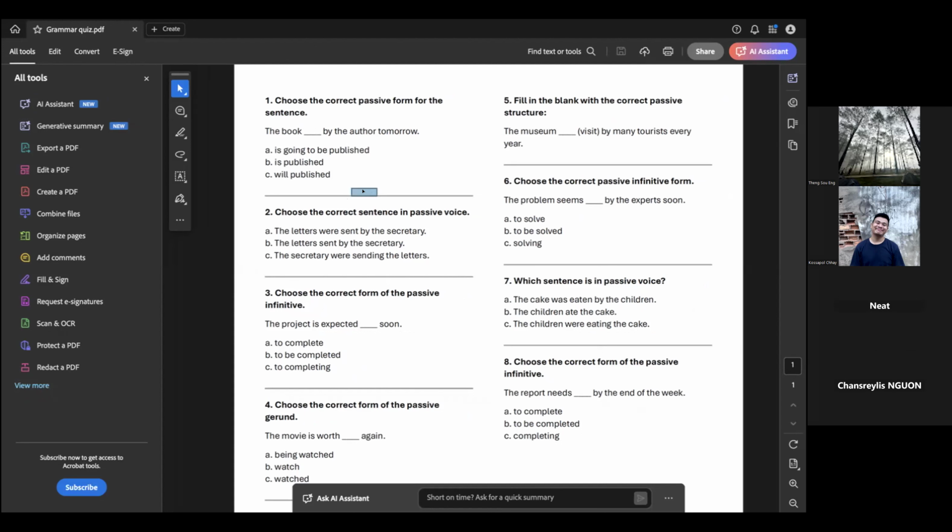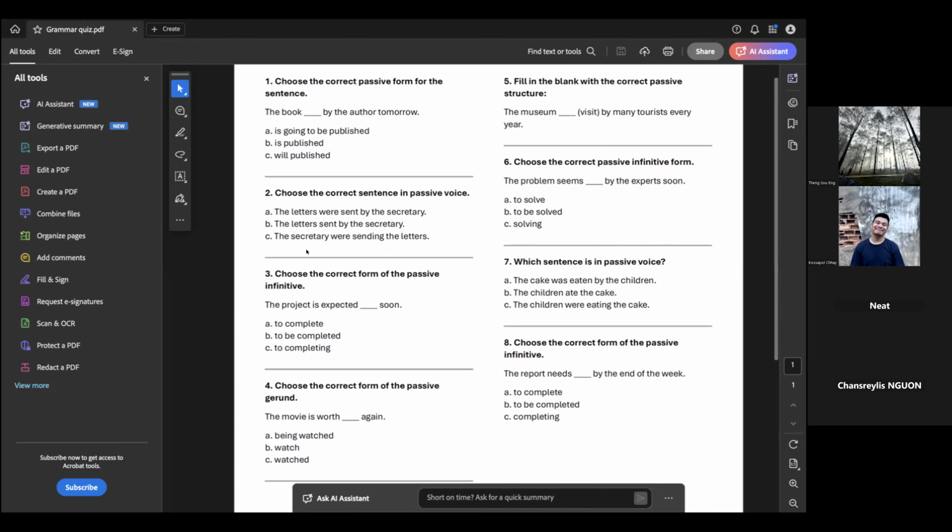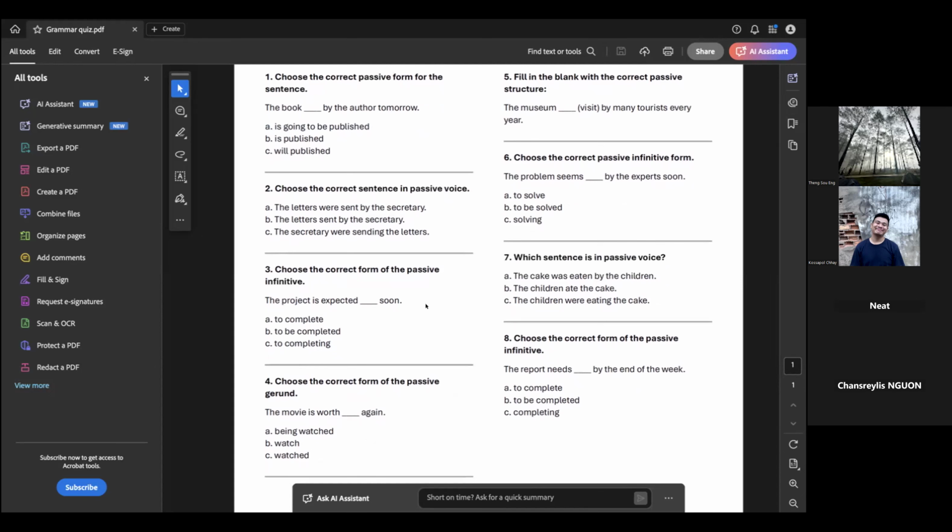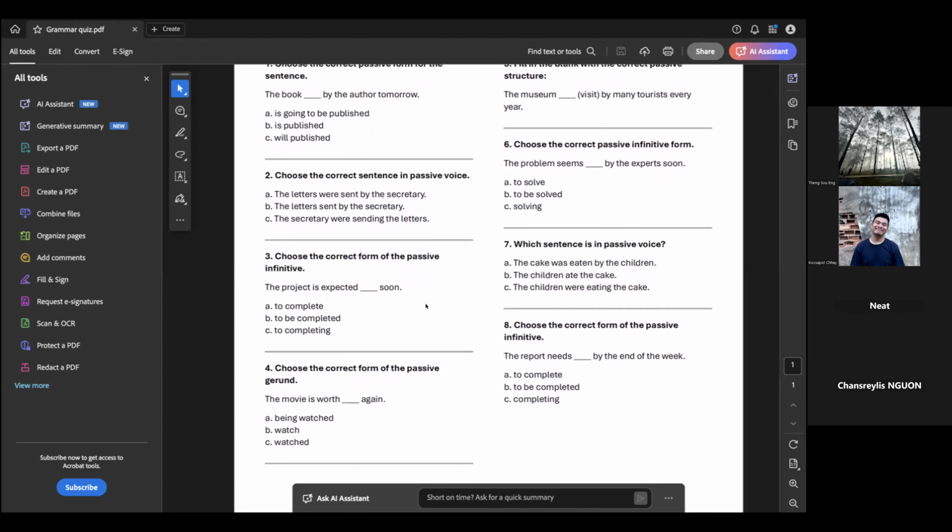Should be will be published, Bong, right? So it's A. Just remember it's an A, Bong. Okay, it's A.